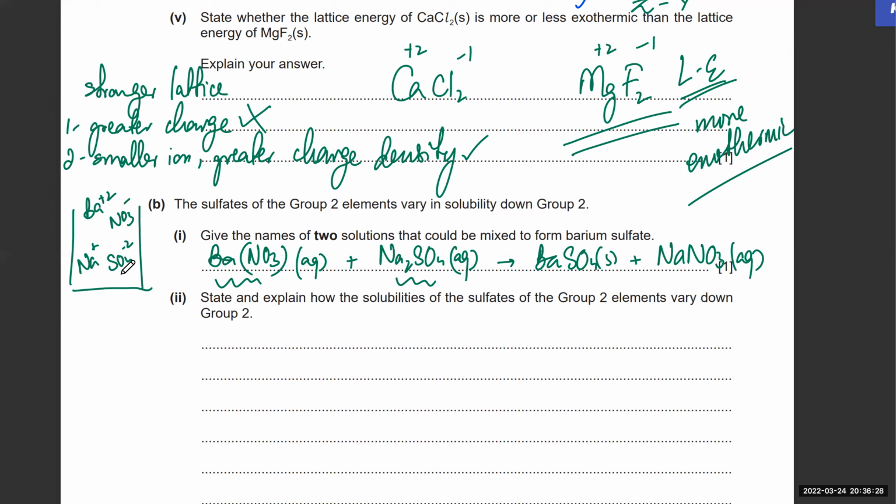What will happen is that the ions randomly combine, and barium ions and sulfate ions form an insoluble solid because they're insoluble. So the solution will not have barium sulfate; it will only have aqueous sodium nitrate ions, because group 1 compounds and nitrates are all soluble. That is what ionic precipitation is.